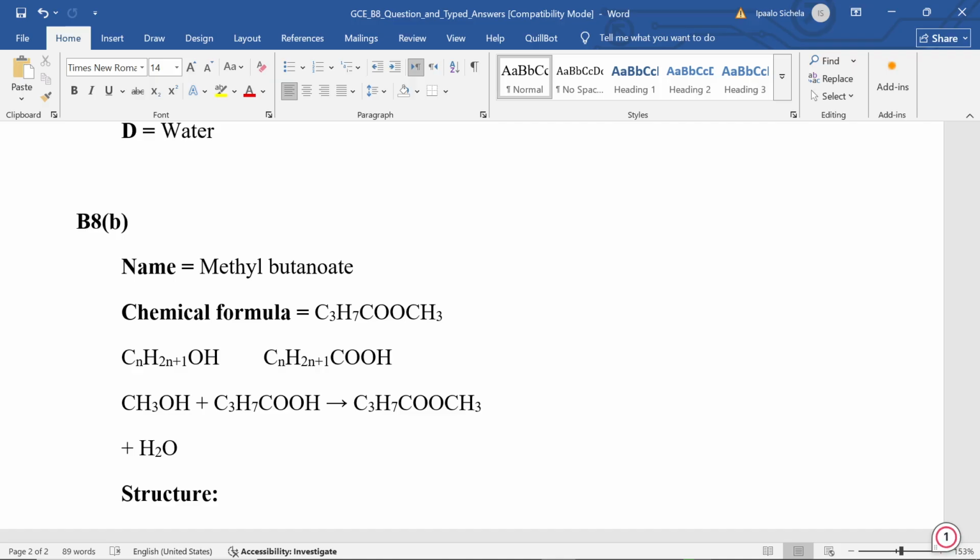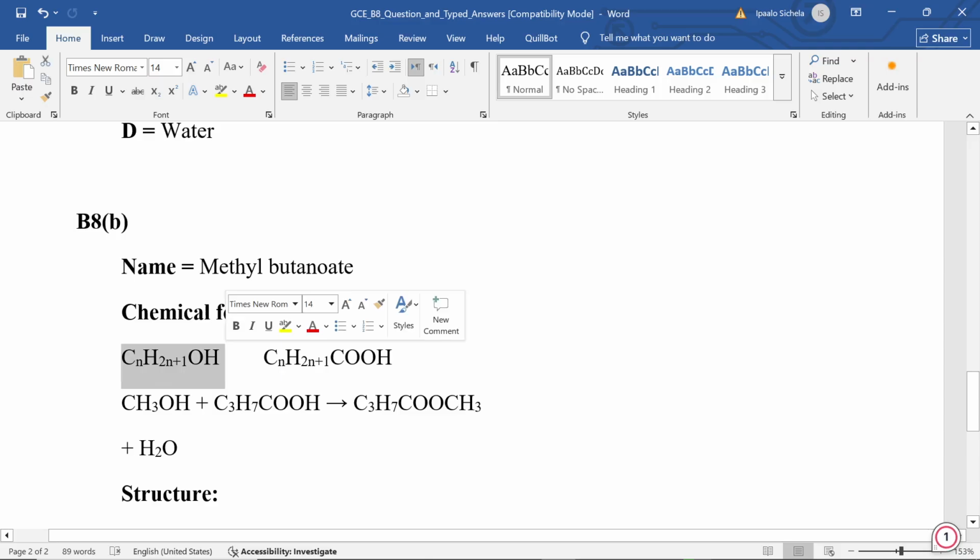Meth means 1, and this is an alcohol. To write its chemical formula, you use the general formula all alcohols obey, CnH2n+1OH.